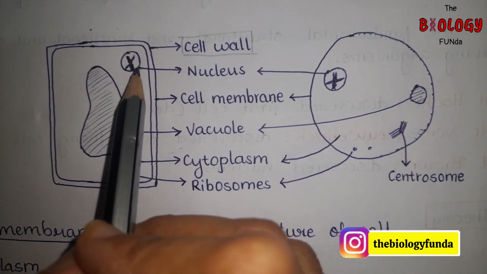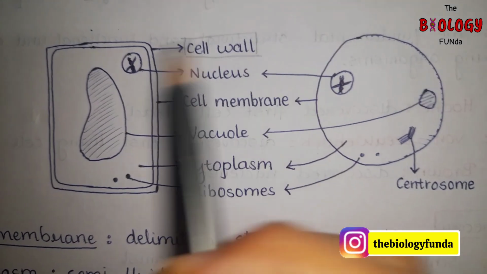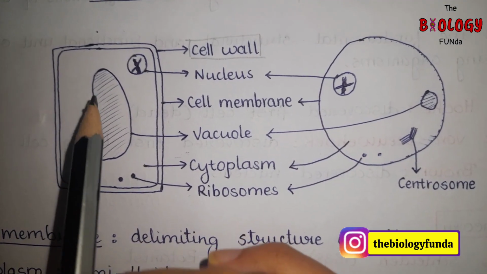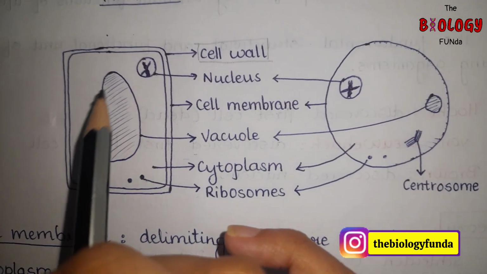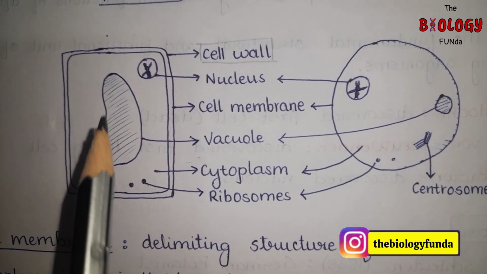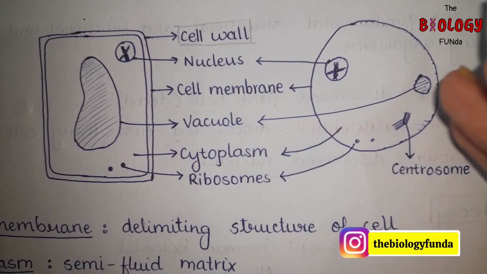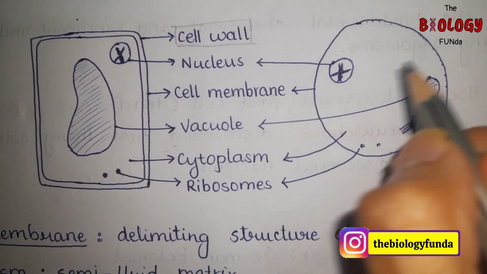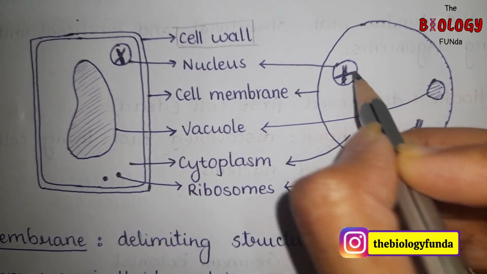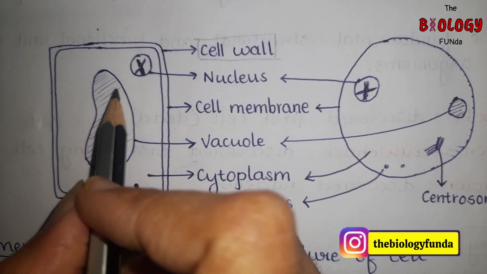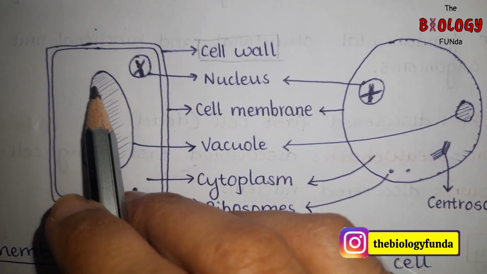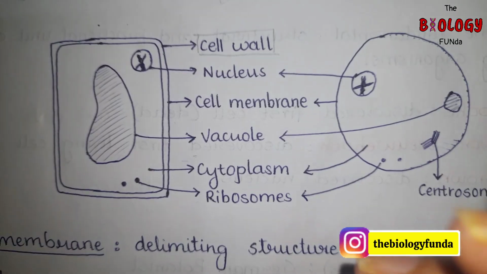There is a nucleus which is present in both. There is also a vacuole which is present in both, but the difference is that in plant cell it is a central and large vacuole. In animal cell it is small and it is mostly at the periphery. Here the nucleus is actually in the middle. Here the nucleus is present at the periphery.